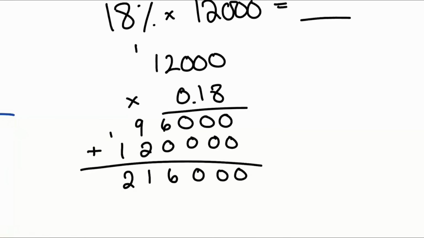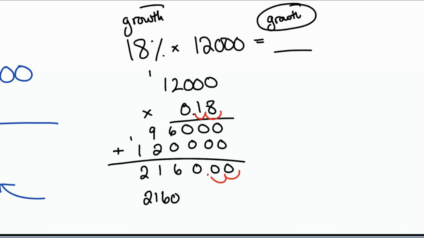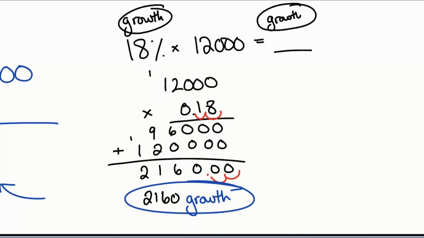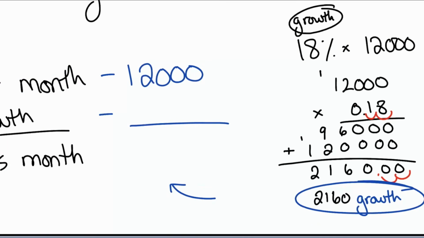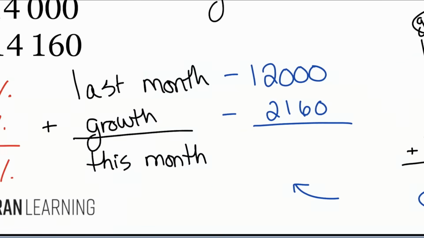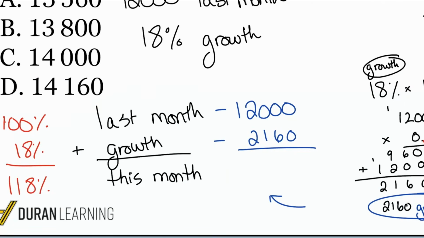Now that we're here, we have 2 decimal places, and we have 2,160. Everybody, does that represent our final answer, or does that represent what? Yeah, that ends up representing the growth. Exactly. That represents the growth, 2,160. So what we're going to do is add in that 2,160 because last month plus the growth gives us this month.